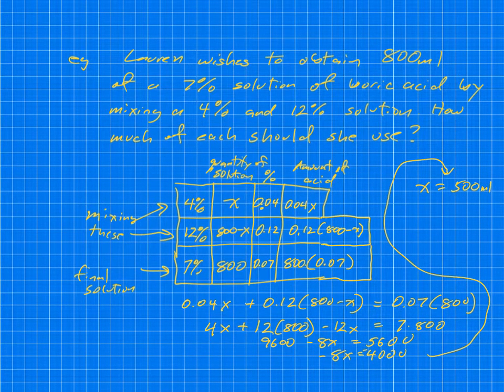And if x is 500 milliliters, 800 minus x equals 300 milliliters, which is the 12%. So 500 milliliters of 4% and 300 milliliters of 12%.